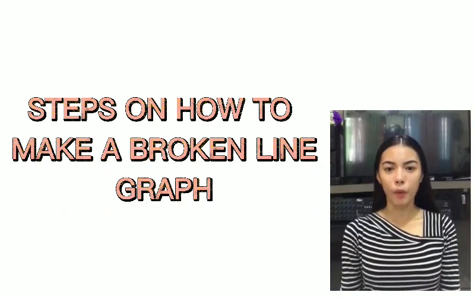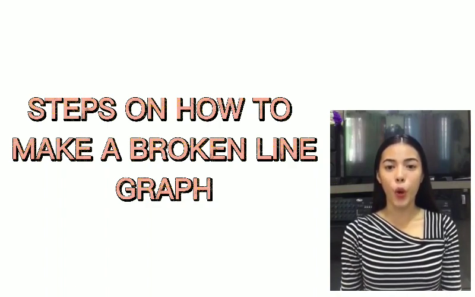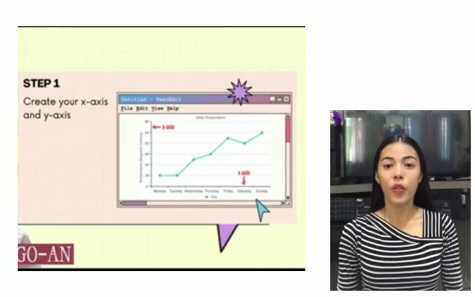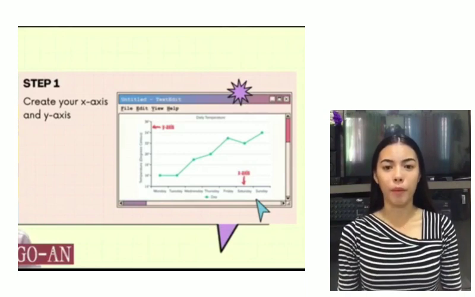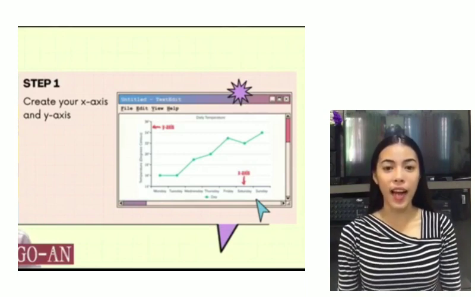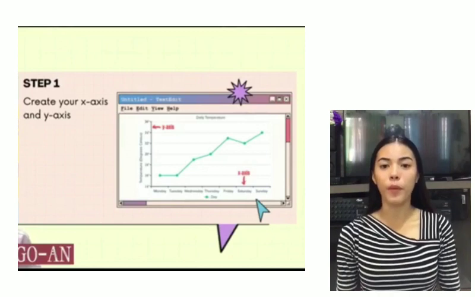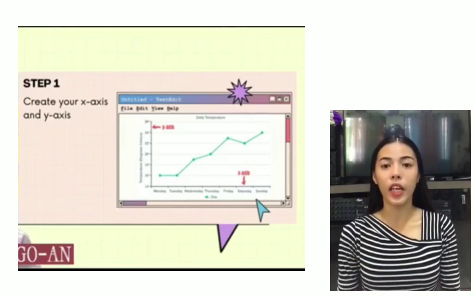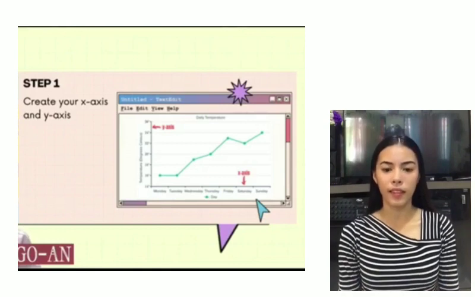Steps in making a broken line graph. So, we have 6 steps on how to make a broken line graph. First step is to create your y-axis and x-axis. The y-axis is a vertical number line, and the x-axis is a horizontal number line. These two axes intersect perpendicularly to form the coordinate plane.